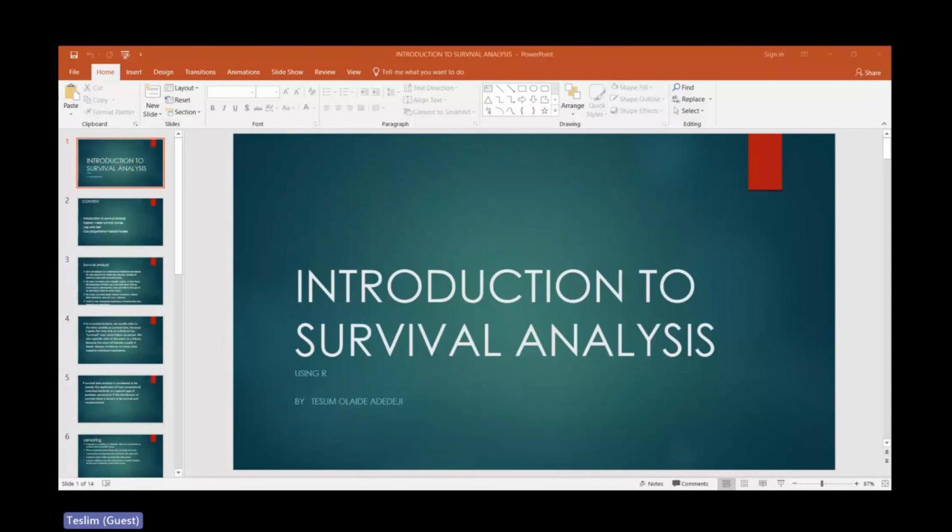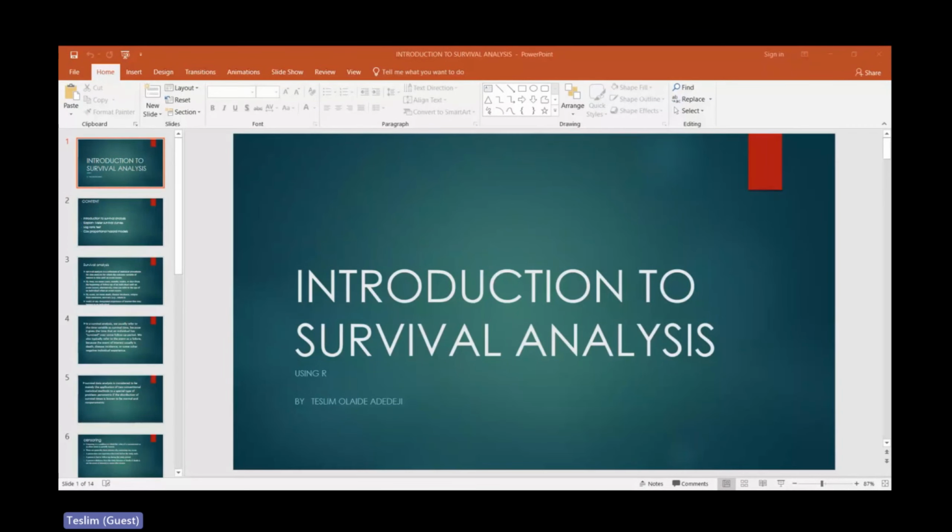Like the time to the arrest of a criminal on parole, it usually deals with the failure of a particular event. The event of interest is usually death, disease incident, or some other negative individual experience. So in survival analysis, we mostly talk about negative effects. Let's move to the next slide.